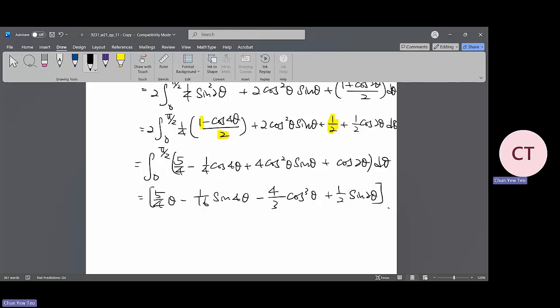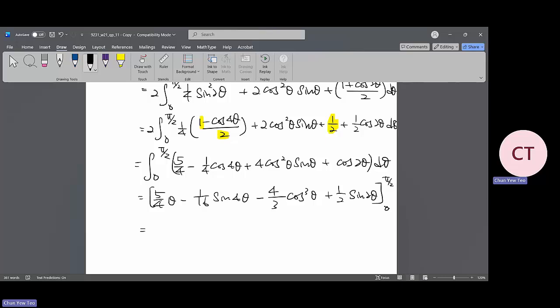This is 0 until pi over 2. So this one have to be careful. This is a plus. After you integrate, got negative. Because you just need to think about it in this way. If you differentiate negative 4 over 3 cos cube theta, then you will get positive 4 cos square theta sine theta. Okay. That will be easier to understand.